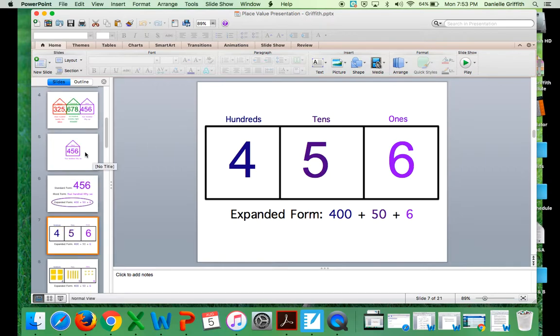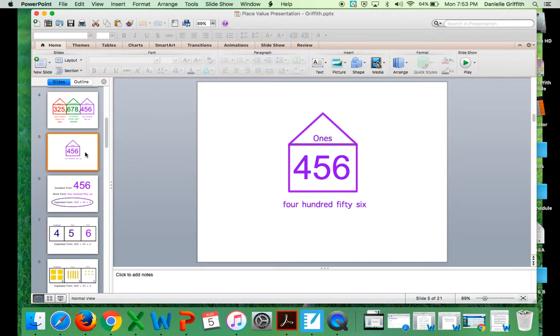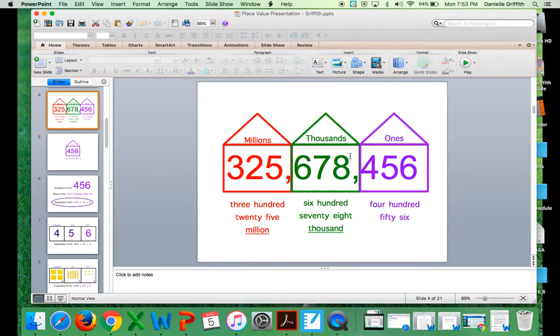And then I'm going to go up here, and I'm going to say all these numbers belong in the ones period, which is part of this larger number, 325,678,456. So next time, we're going to be talking about the thousands period.